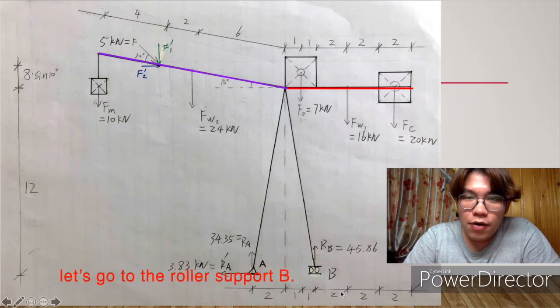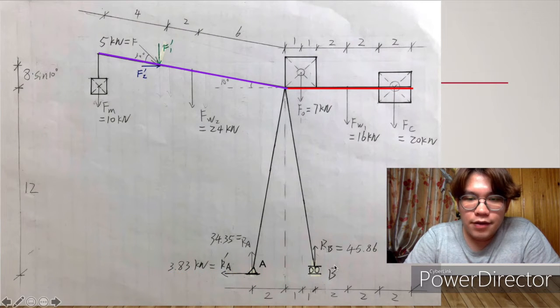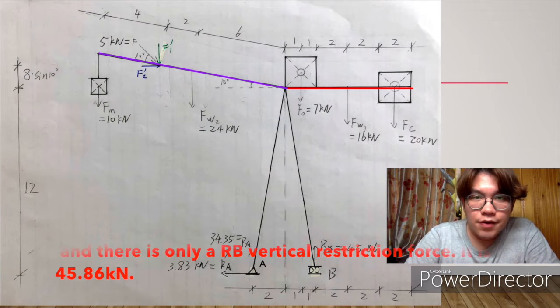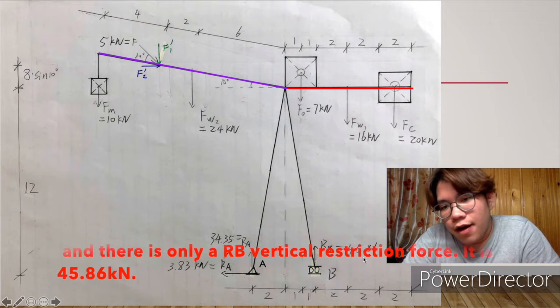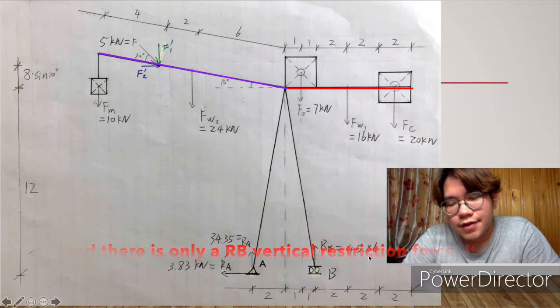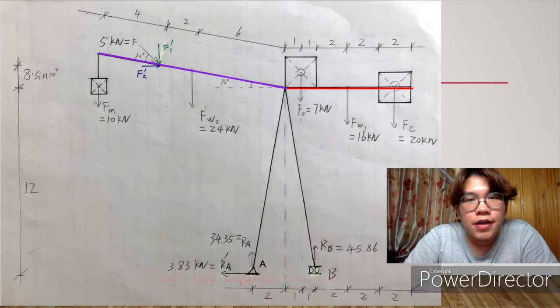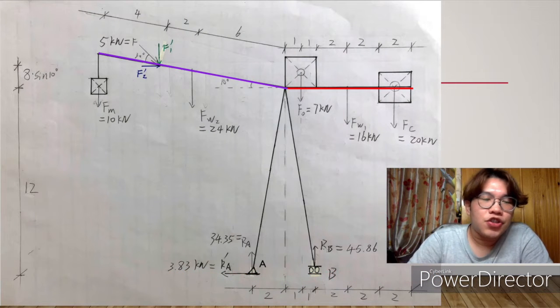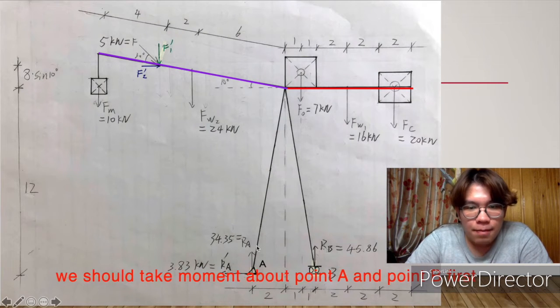Let's go to the roller support B, and there's only a vertical reaction force RB. It is 45.86 kilonewtons.